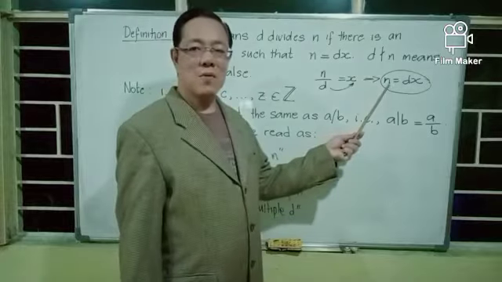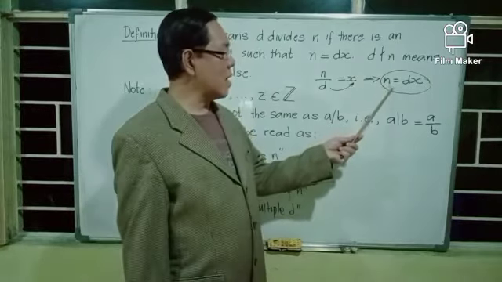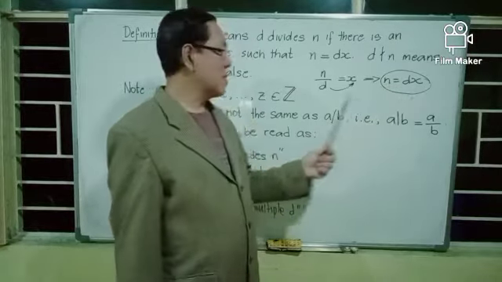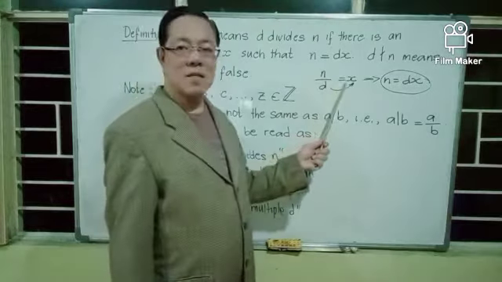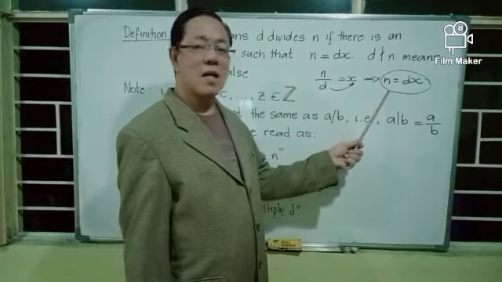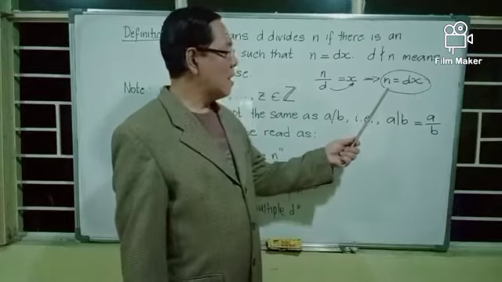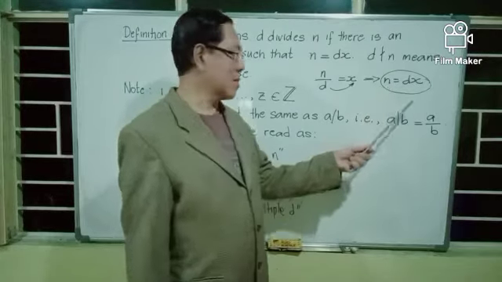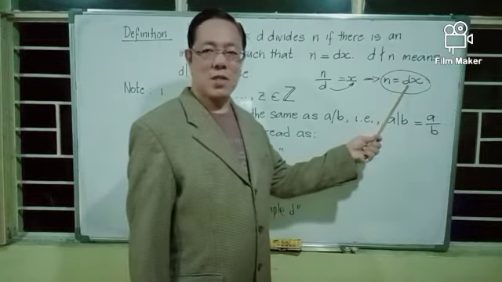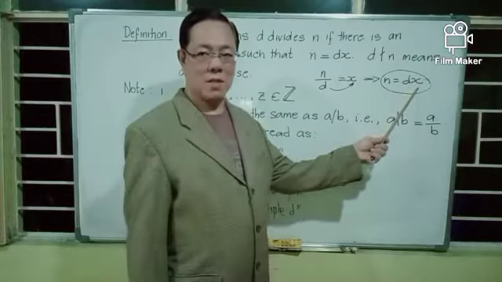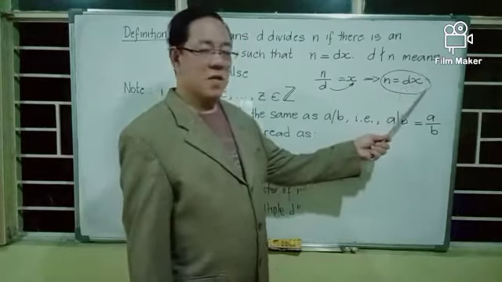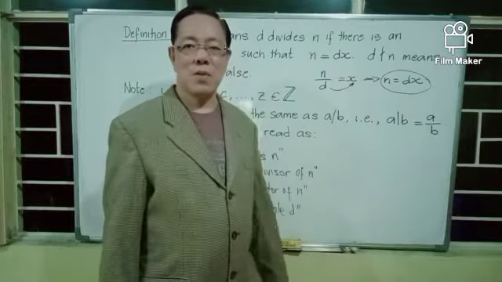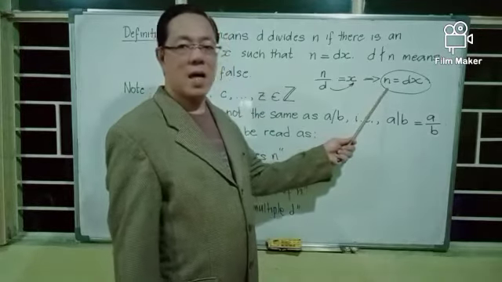From this equation, we see that if d divides n, there exists an integer x such that n equals dx. Hence, we have expressed n as the product of two integers, d and x. And both of these integers are factors of n.